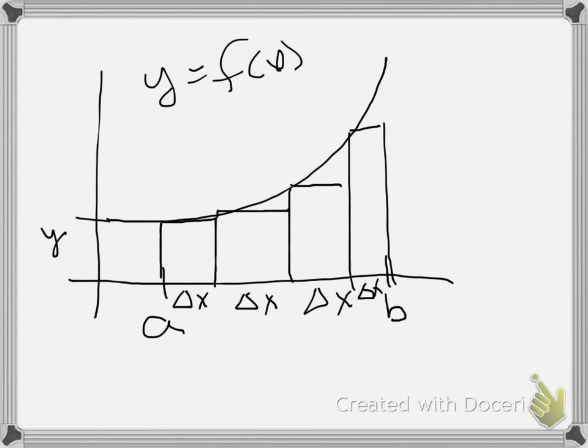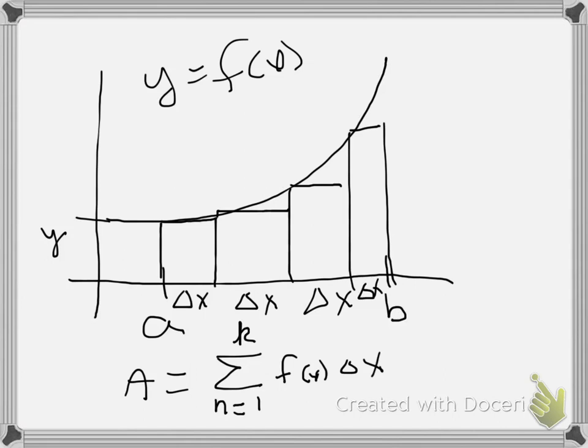So the area would be the sum of the areas of those rectangles. In other words, we have a finite number of rectangles, and if we find the areas of all the rectangles and add them together, we have the area under the curve, or an approximation of the area under the curve.